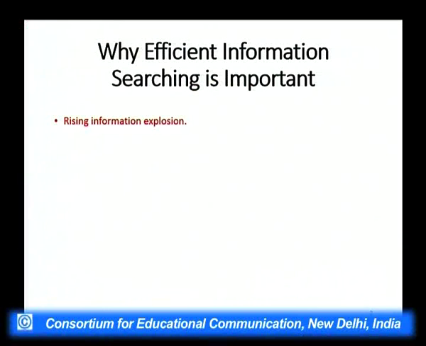there is a rising information explosion around the world. You must have seen that the amount of information in the world has gone up manifold in the last few years.